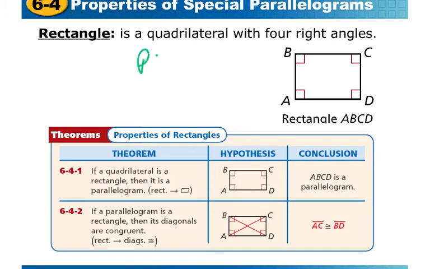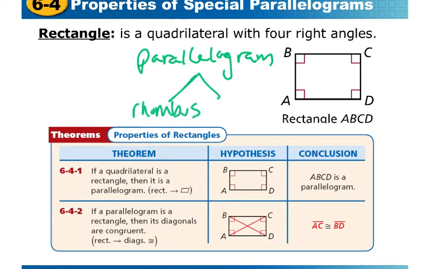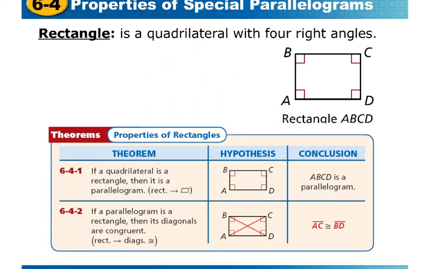If you have a parallelogram, you could have a rhombus, or a rectangle, or eventually a square, but definitely if you have a rectangle, you have a parallelogram. You also have a quadrilateral, like was on the sheet, and you also have a polygon. So that's the idea, is that rectangles are a subset of a parallelogram. So that's what that first one is saying.